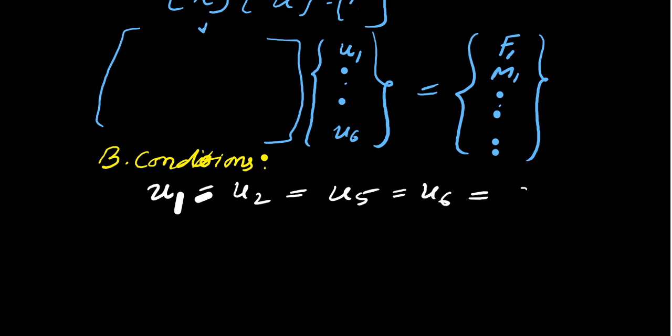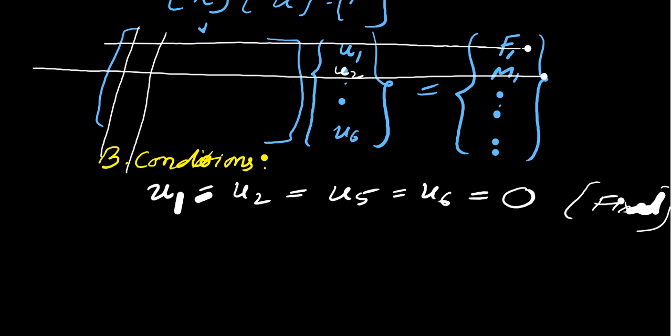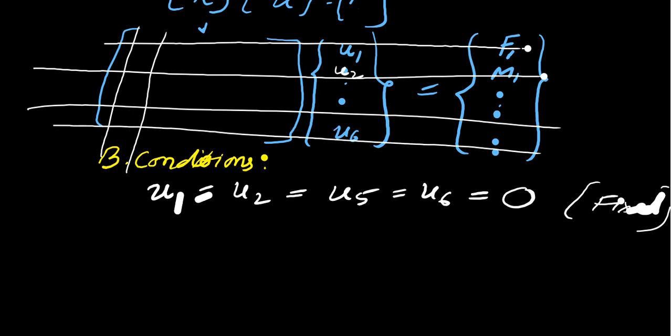After applying the boundary condition, see, the U1, U2 rows get cancelled, and their columns also get cancelled. And similarly for U5, U6. So what will be remaining here? There will be U3 and U4, in rows and also in columns.